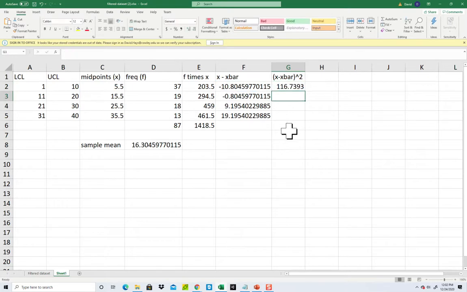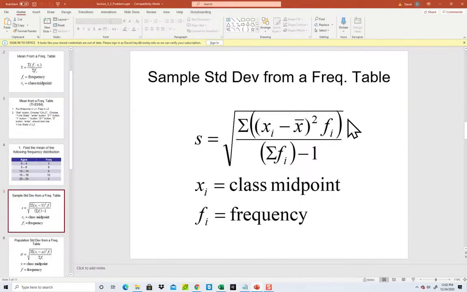If you're plugging it in your calculator, you plug in negative 10.80459770115 times negative 10.80459770115, and then you do the same for all these. Okay, so that's our x minus x bar squared. Then we got times f.